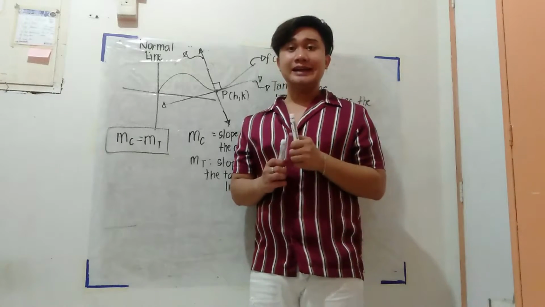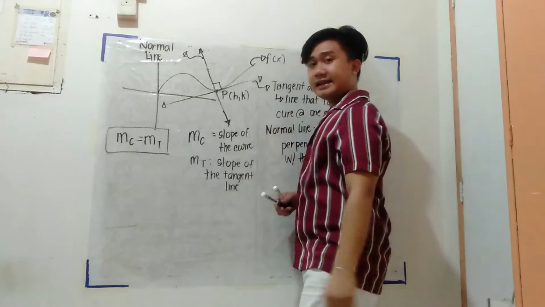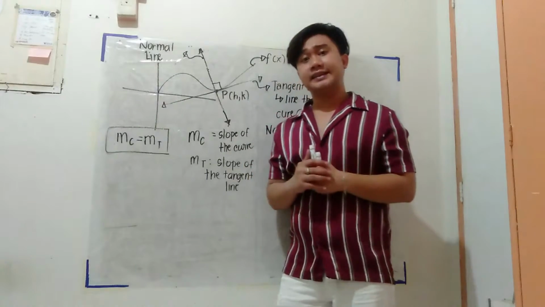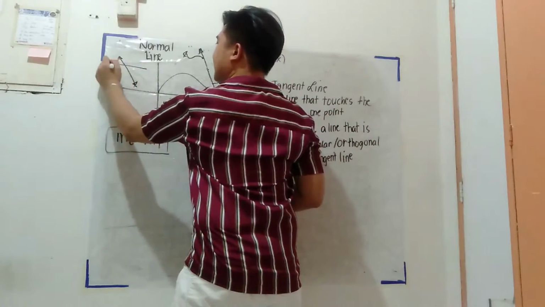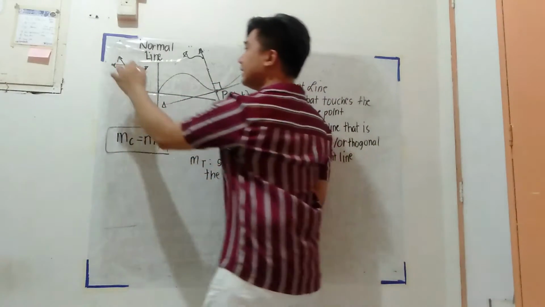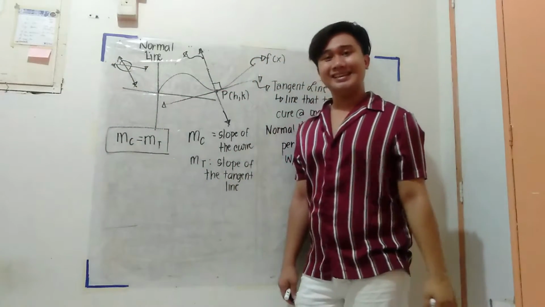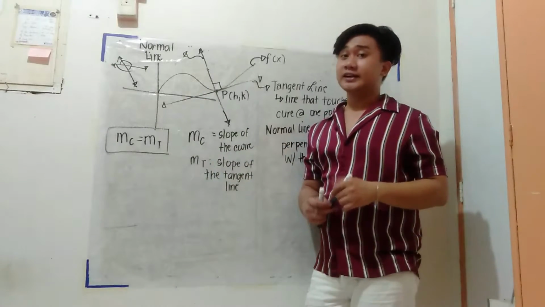Ang perpendicular lines, may nabubuong 90 degree na angle. So, perpendicular lines are special type of intersecting lines. Kasi, ito, tsaka ito, intersecting lines yan. Kaya lang, yung angle natin, hindi naman po 90 degrees. Pag 90 degrees, ang tawag doon mga perpendicular lines.